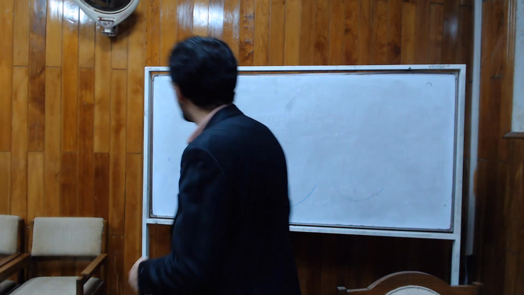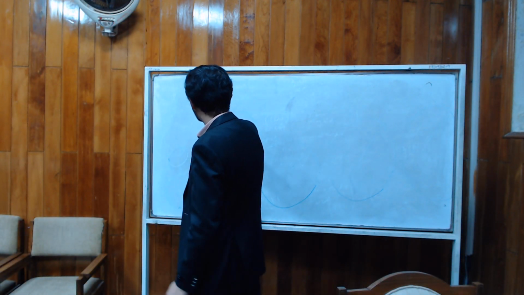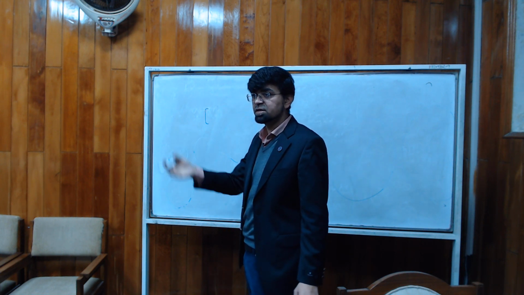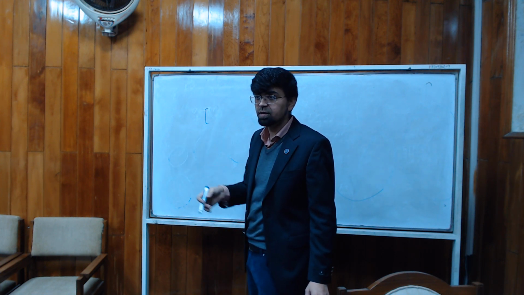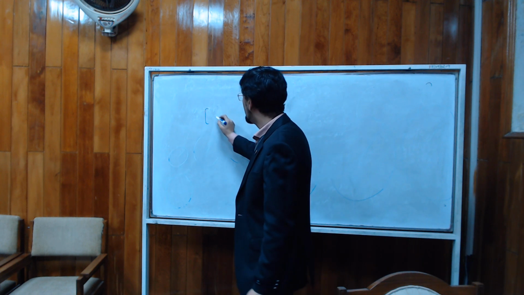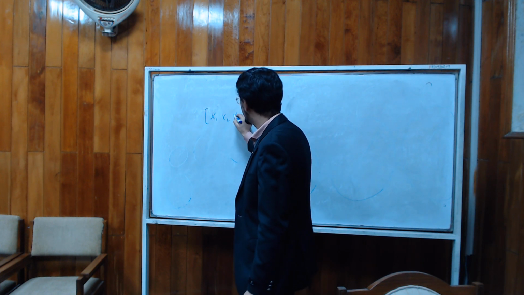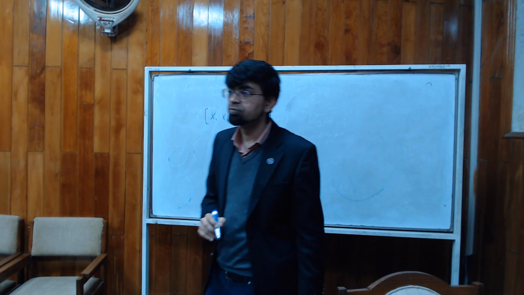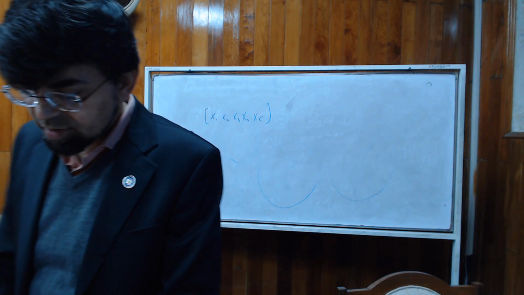But what if I want to record the heights of the next 5 persons coming into the room one by one? Let's say they are coming in one by one, and I want their heights. So now what is this?